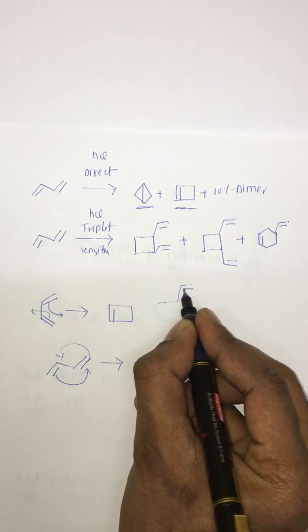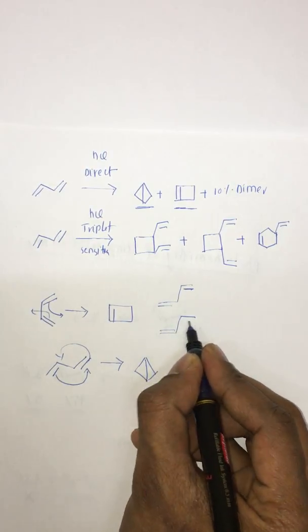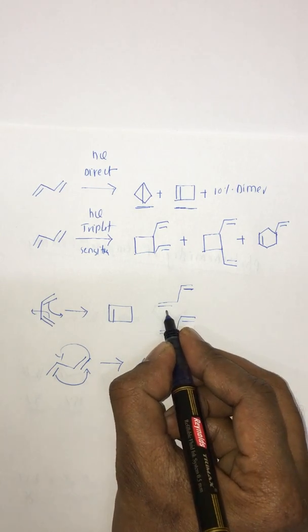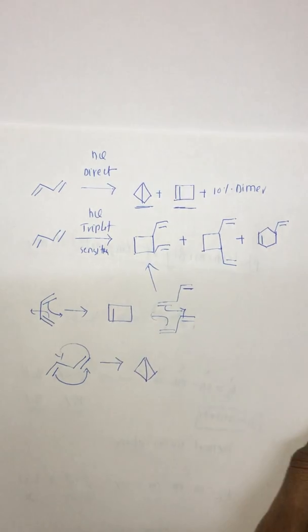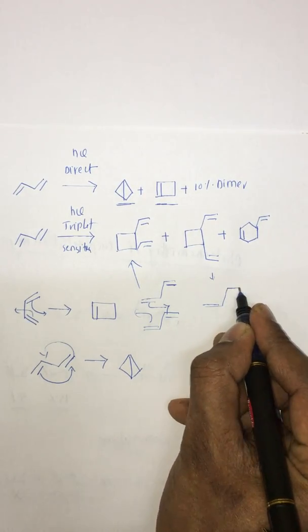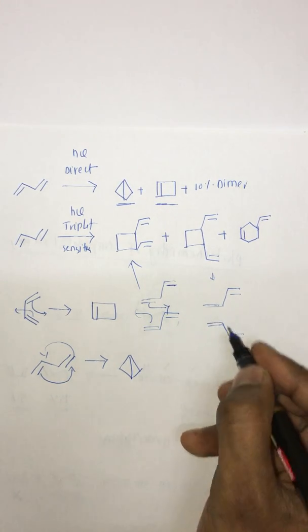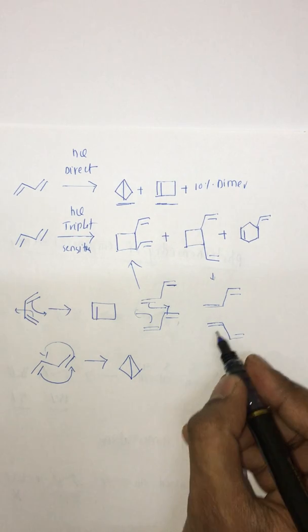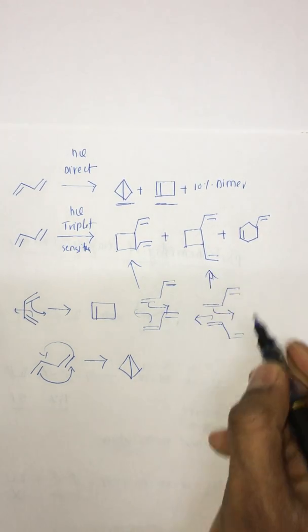When we have 2 moles of trans form, this is going this way and this is going this way, so that we are getting this. And this one is coming from, sorry, both are trans only, position is different, and this is going like this and this is coming like this, so we are getting this compound.